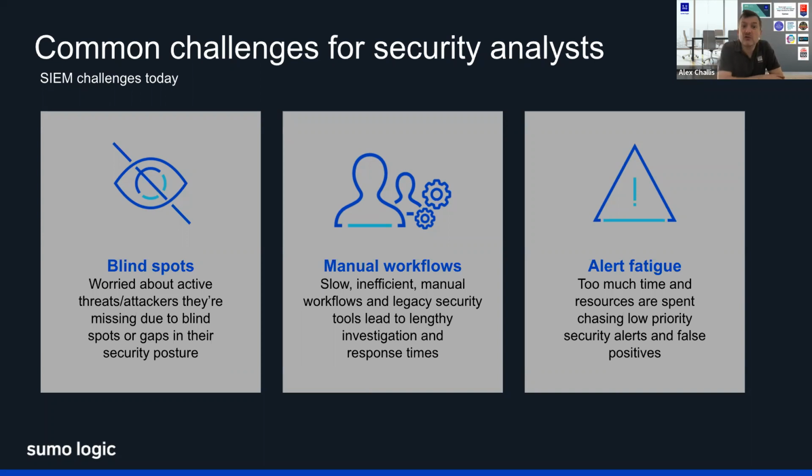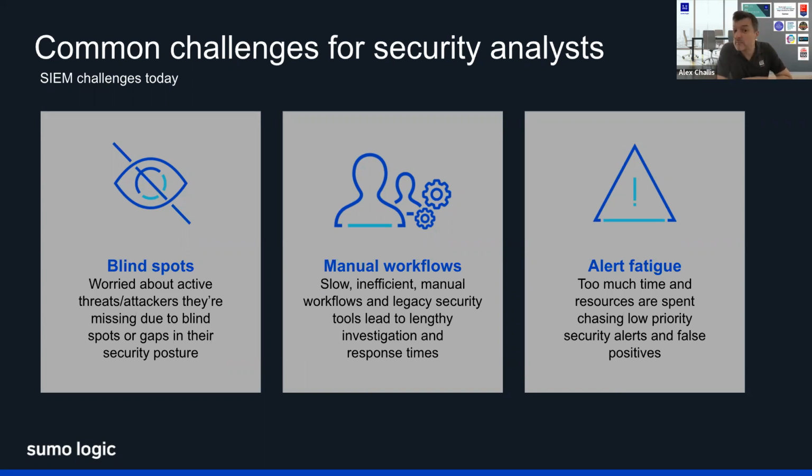Another big challenge shown on the right here is that security teams are spending way too much time and resources on chasing down low priority security alerts and the ever-present false positives. All of the increasing alerts and the noise is continuing to burn out members of security operations, with so-called alert fatigue being very well documented across the industry.